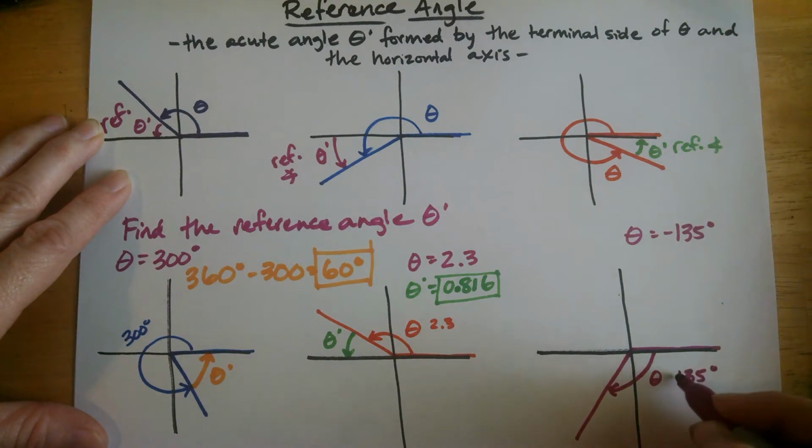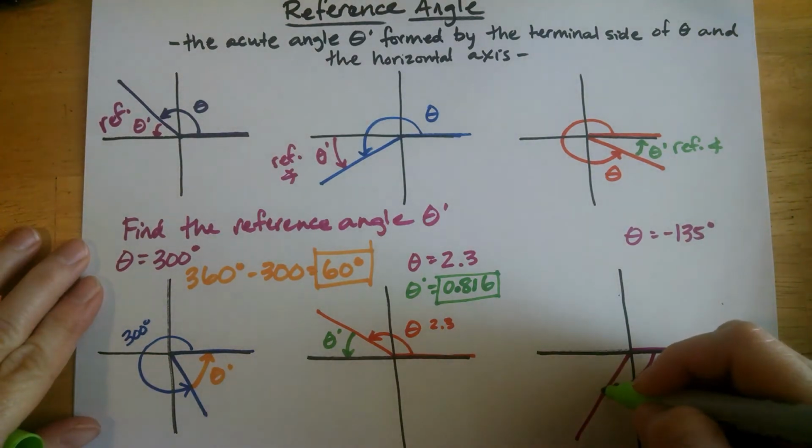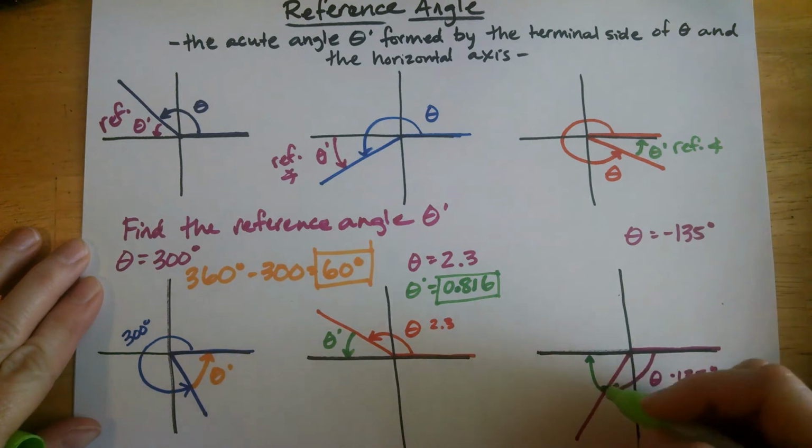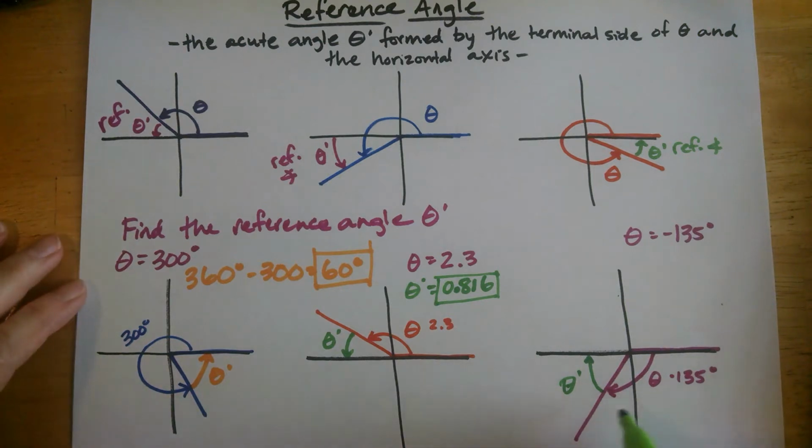negative 135 degrees, so from there to here is negative 135, and my reference angle is the acute angle formed to the horizontal axis here, so theta prime. Let's see, how much is that going to be to get to that horizontal axis?